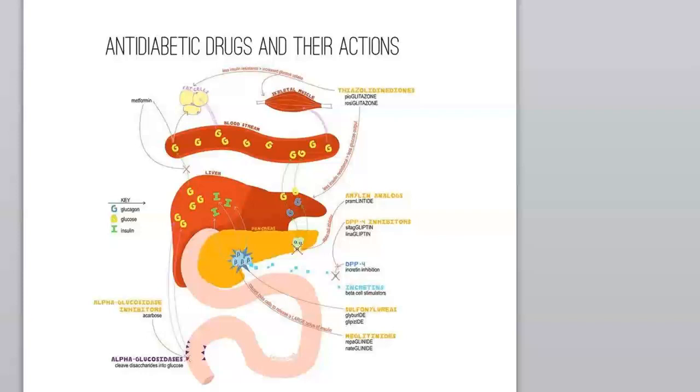The next one is your TZDs, or your thiazolidinediones, and the drug prototype for that one is rosiglitazone. I just call it TZDs because that's a really long word to say.